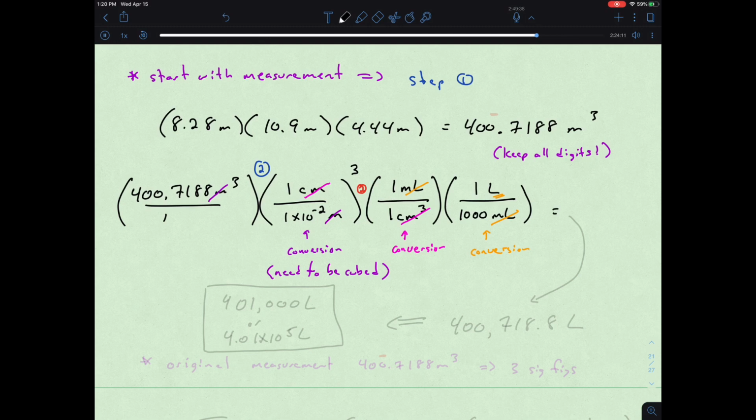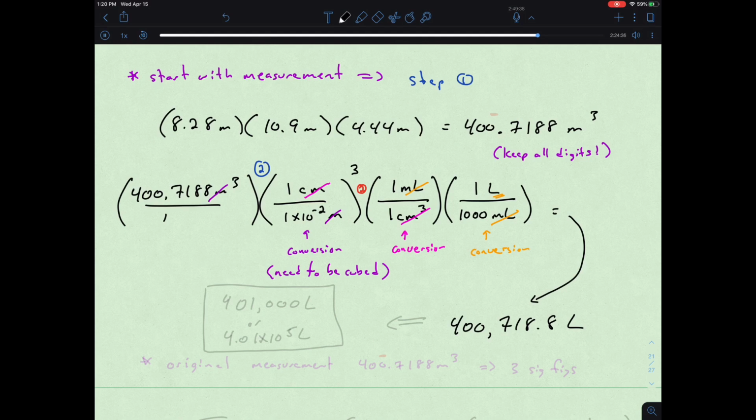And that gives us a value of 400,000 718, sorry, I was reading my notes here. 718.8 liters.